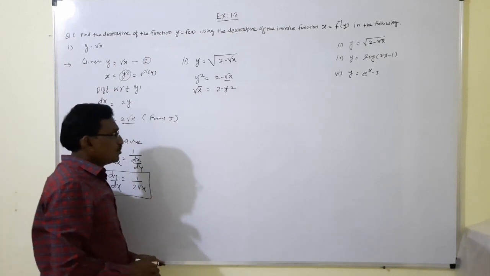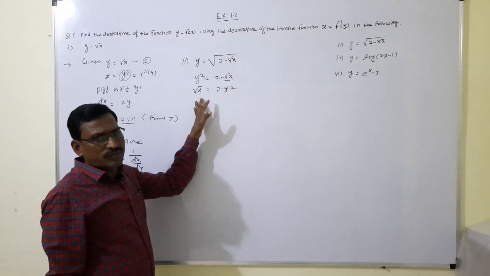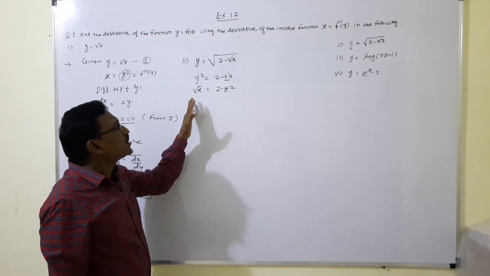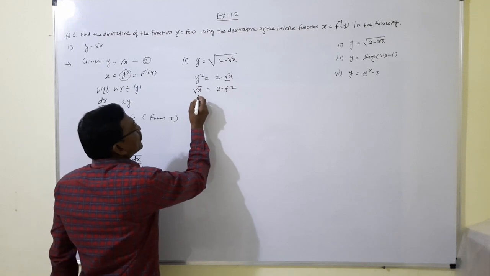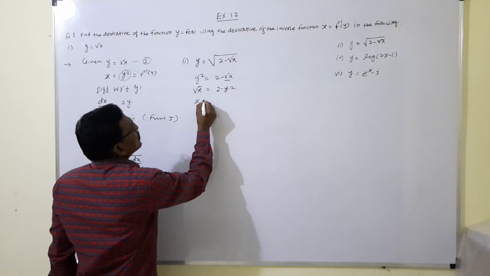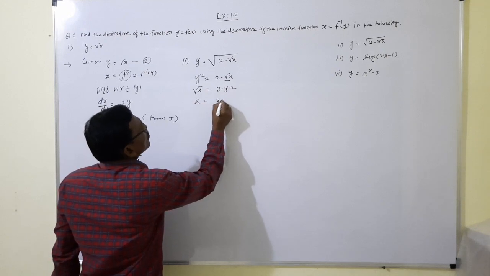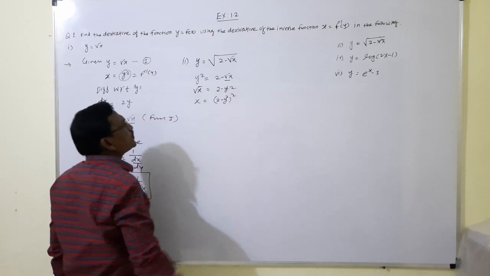Again, since here it is a square root of x, we take the square on both sides. So x equal to 2 minus y square, whole square.